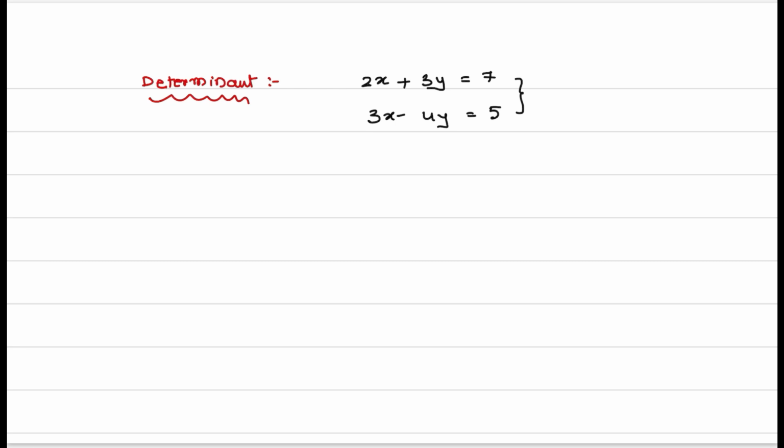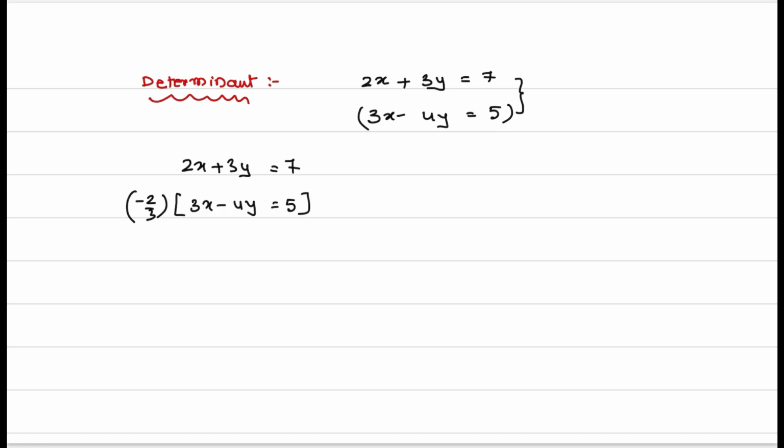I will write the first equation like this, and I want to make one of the x or y components minus so that the sum will be 0. This 3x should cancel 2x, so I should multiply the second equation by minus 2 by 3: minus 2 by 3 into 3x minus 4y is equal to 5.